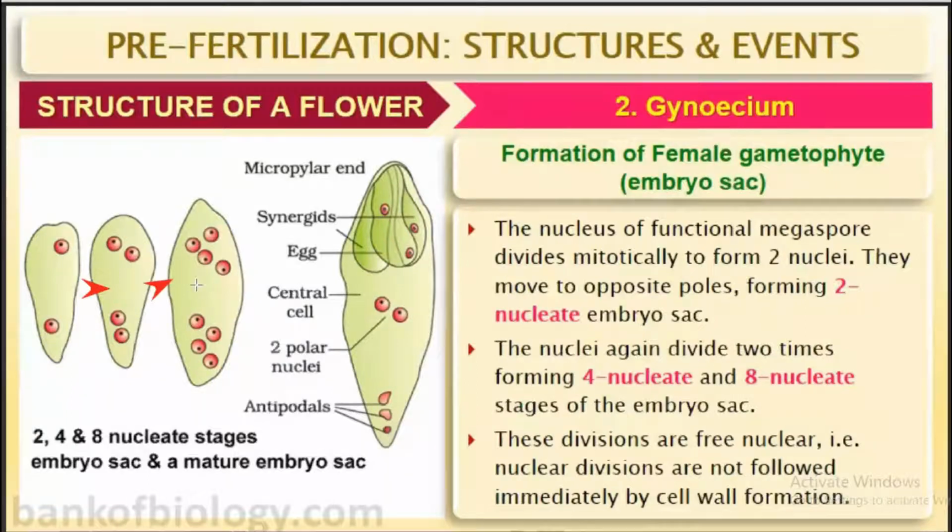How are these 8 nuclei arranged? We can see 4 nuclei at this pole and 4 nuclei arranged at the other pole. In each pole, 4 nuclei are arranged.